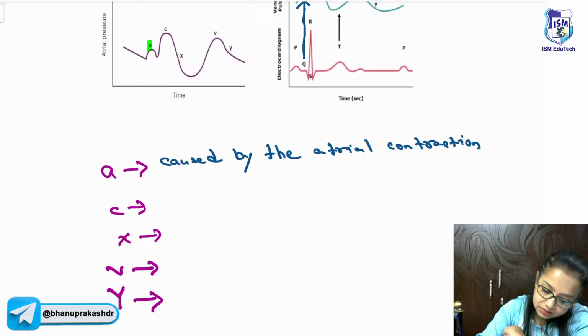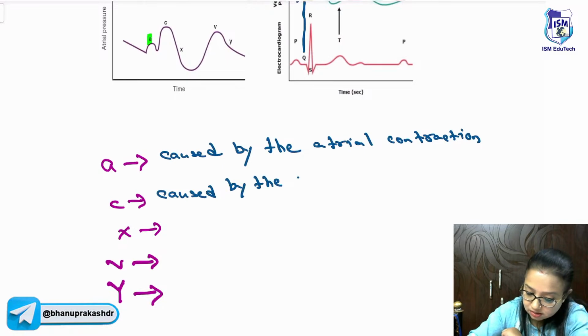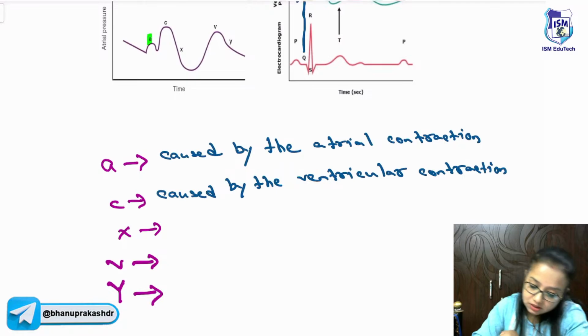What causes the C wave? The C wave is caused by the ventricular contraction. Okay, ventricular contraction. What causes the X descent?